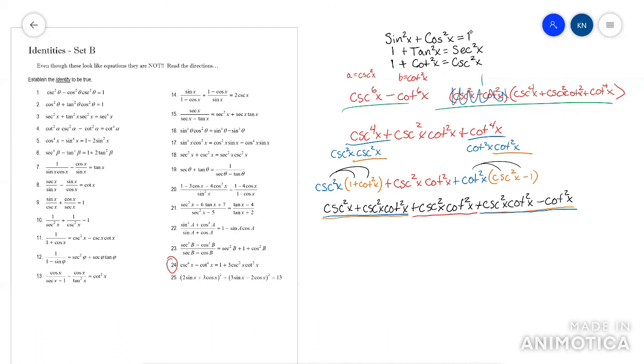Now, what you have here is 1, 2, 3 of these cosecant squared, cotan squared. And then everything else that's left, so this is all gone. All that's left is a cosecant squared minus a cotan squared.